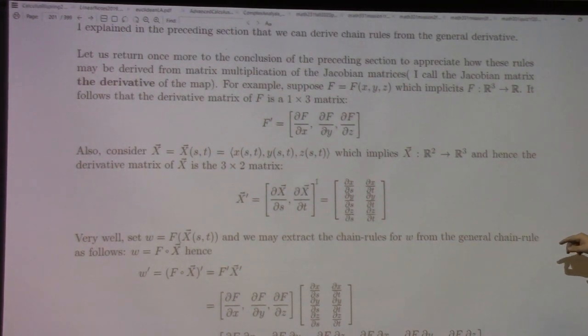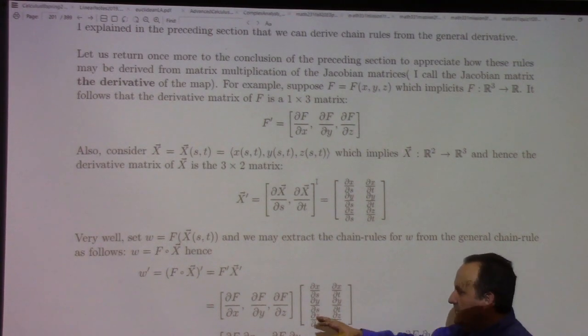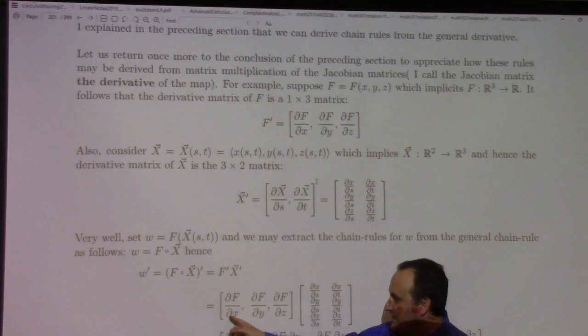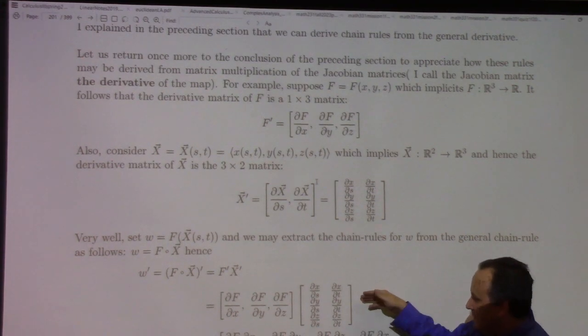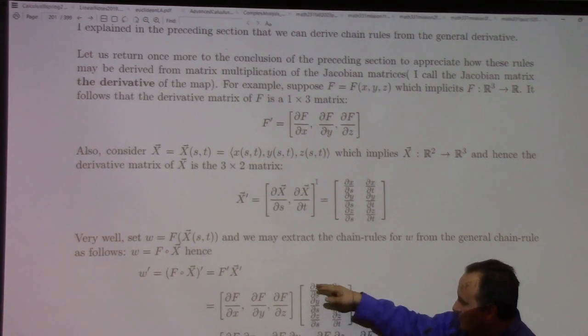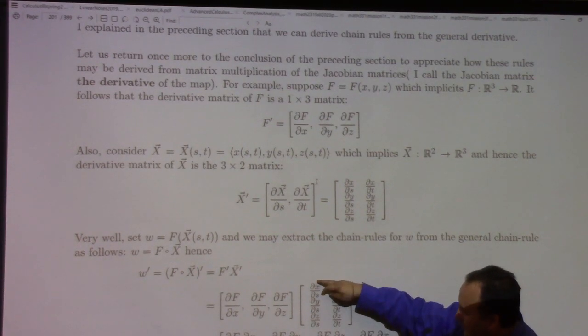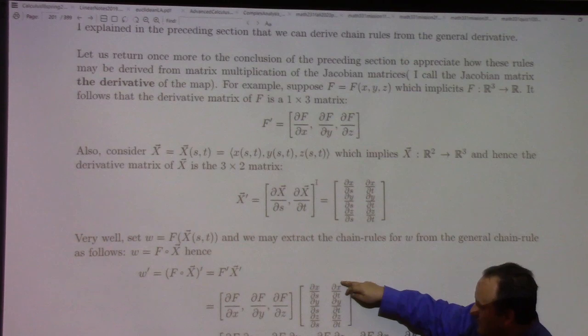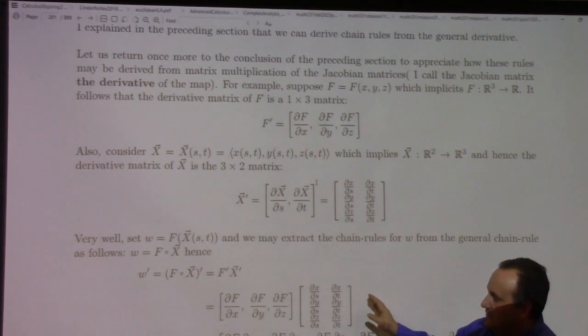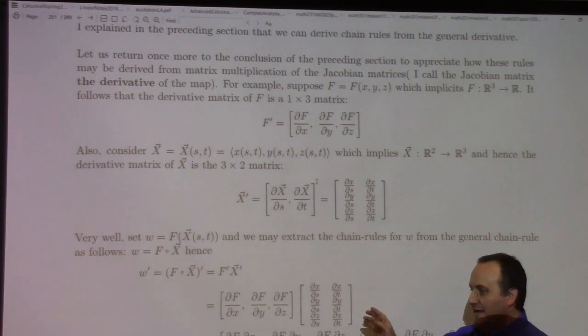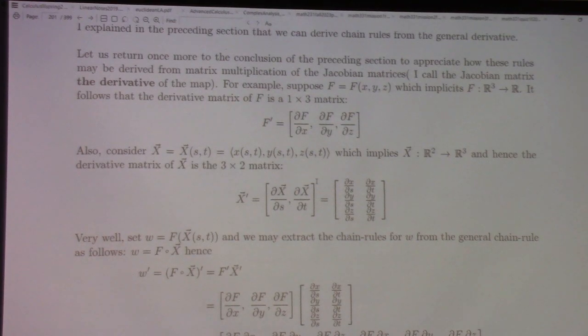Then I point out that if you take this row vector, partial f, partial x, partial y, partial z, times this 3 by 2 matrix, so here's the s derivatives of x, y, z, the t derivatives of x, y, z right there, you multiply these two, that actually will produce these numbers that we had here.